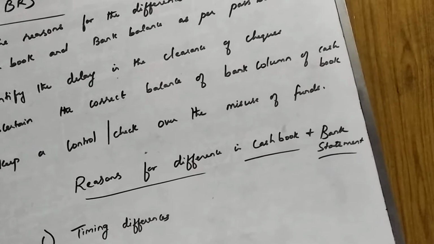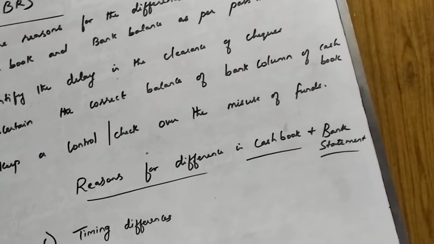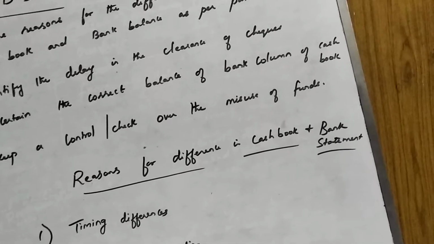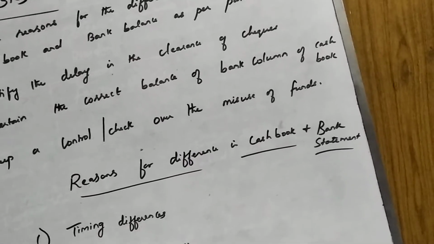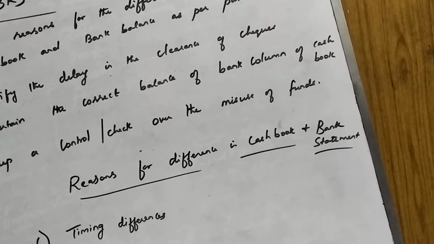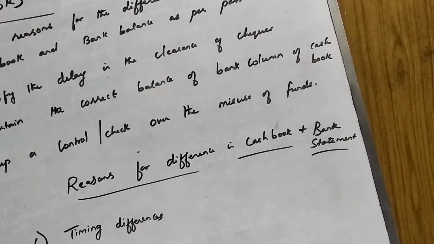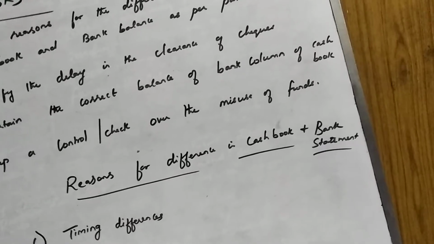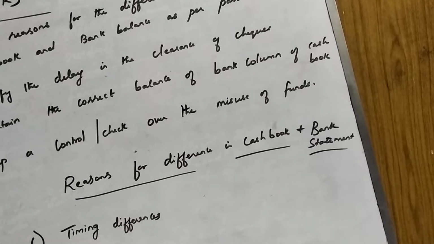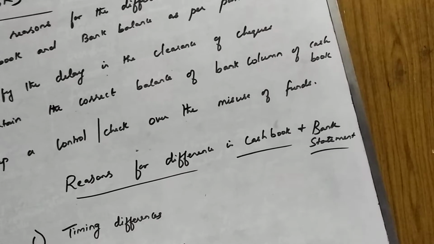And dishonor of checks and bills. You are receiving a check from your customer and depositing the check with the bank. Unfortunately, on the other end, your customer's account doesn't have a sufficient amount. What will happen to the check which you have deposited? It will bounce.